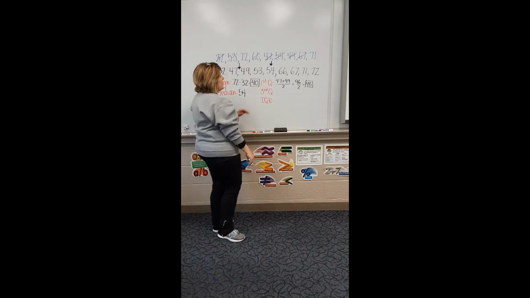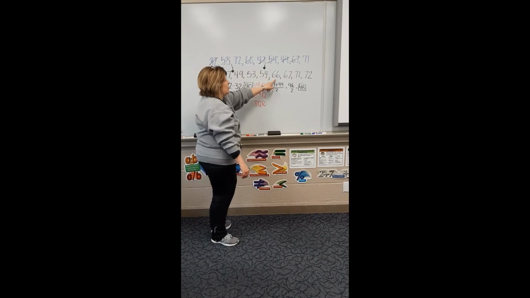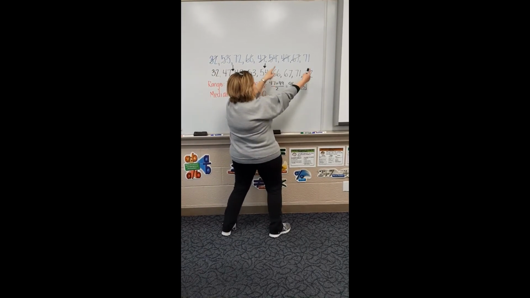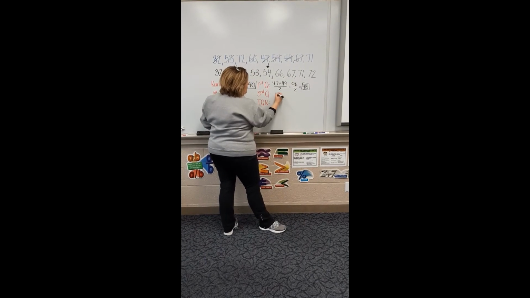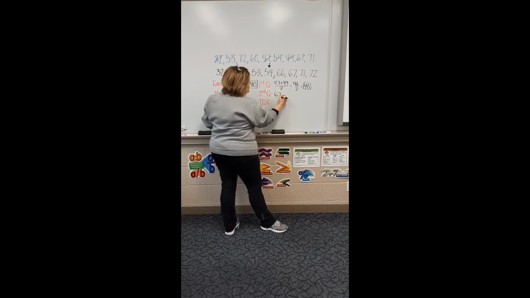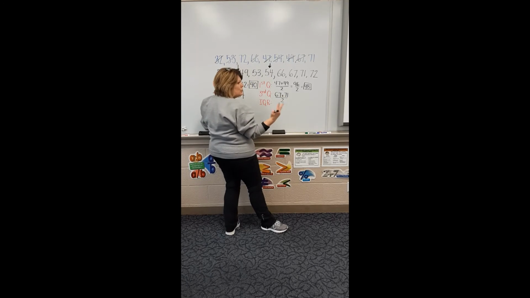So I'm going to do the same thing. Can't use this number because it's been used. So I'm going to start here and jump. And again, I got two numbers for my median. So 67 plus 71 divided by 2, because I have two numbers.